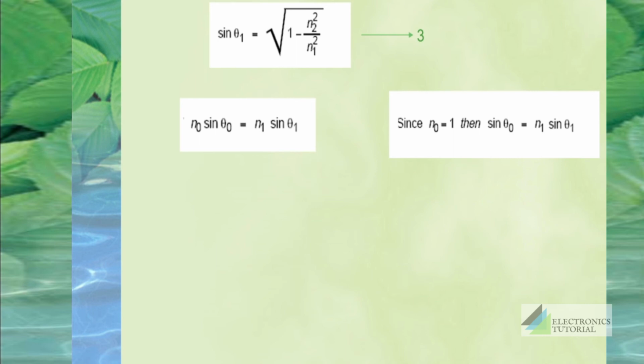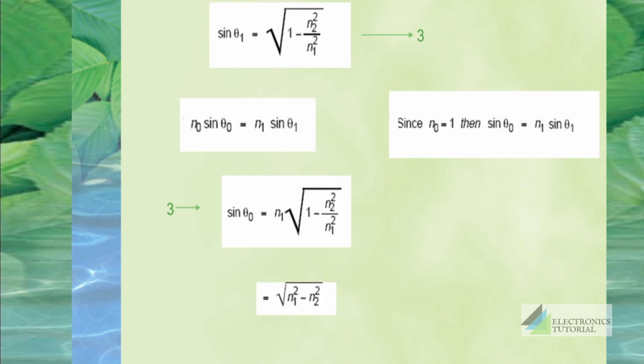And from the third equation, we can substitute the value for sin theta 1. Now the equation will be sin theta 0 is equal to n1 into root of 1 minus n2 square by n1 square. By simplifying, we'll get it as root of n1 square minus n2 square. The expression that we get here is for sin theta 0.